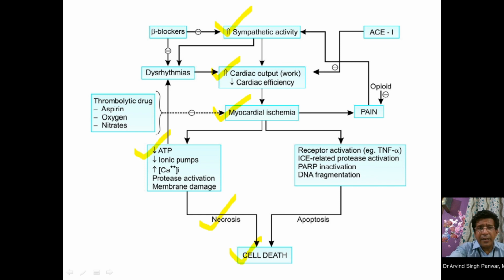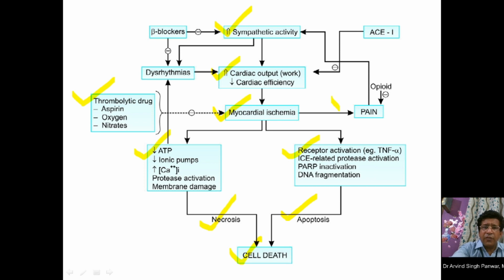Similarly, on the other hand, there is receptor activation, then ICE-related protease activation, then PARP inactivation and DNA fragmentation that ultimately lead to apoptosis, which also leads to cell death. So these are the two mechanisms of cell death, and you see certain drugs like aspirin, oxygen and nitrates ultimately inhibit myocardial ischemia.